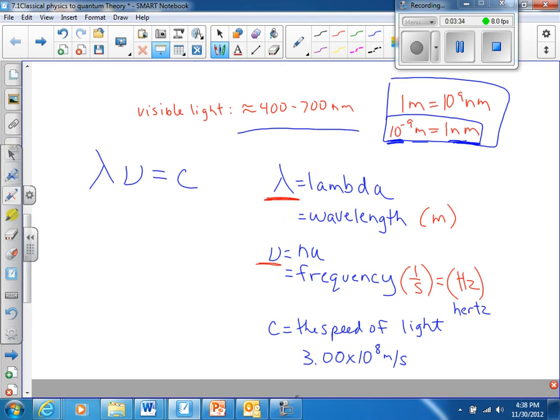This funny little symbol here is called nu. It's the frequency, and has the units of 1 over seconds, or hertz, Hz. When you see Hz, you're thinking hertz or 1 per second. c is the speed of light, 3.00 times 10 to the 8th meters per second.